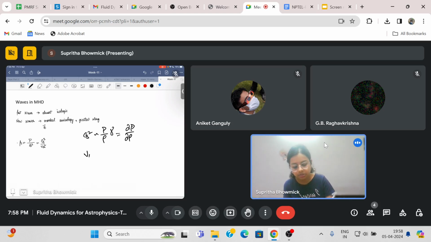And VA square we just saw is some B square by rho, right? So if you take the ratio, you'll get P by B square with some factors of gamma over here. But the plasma beta then basically is proportional to Cs square by VA square.